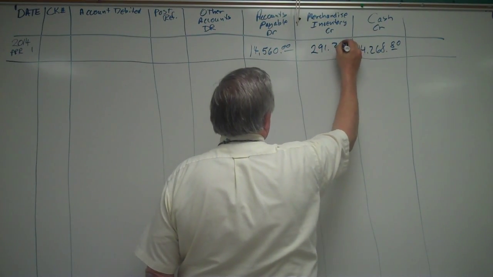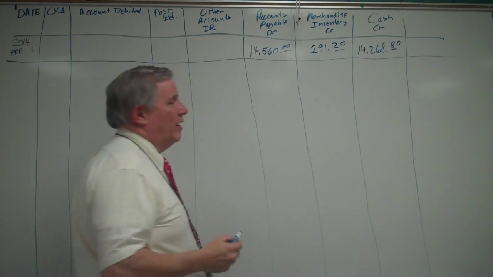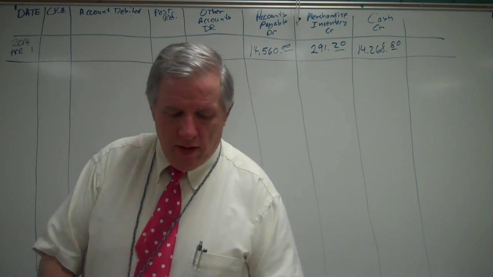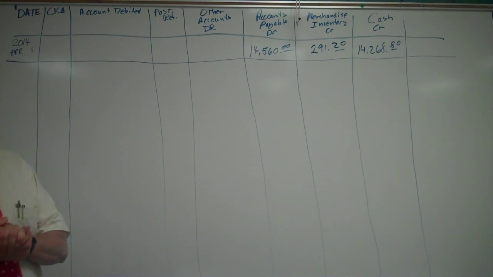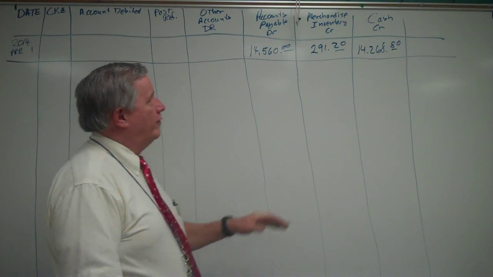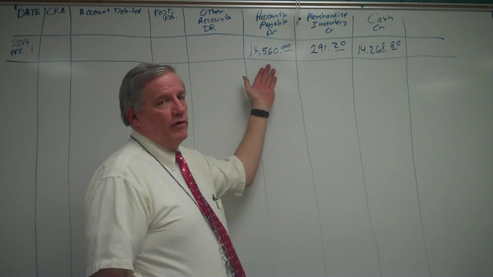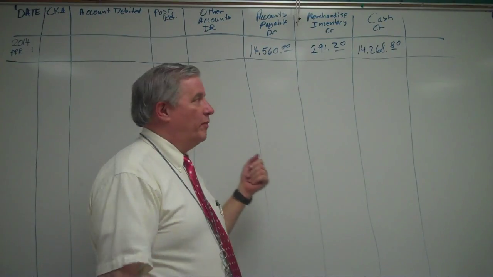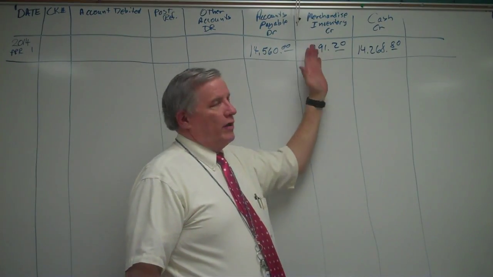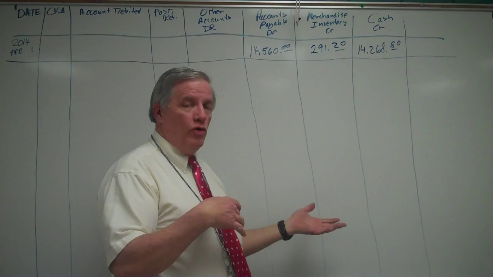Now we talked about this in class, but let me refresh your memory. I bought this inventory and I debited merchandise inventory for $14,560. They gave me a break on the price, just like I give other people a break on the price when they pay quickly, of $291.20. I didn't return anything to them.